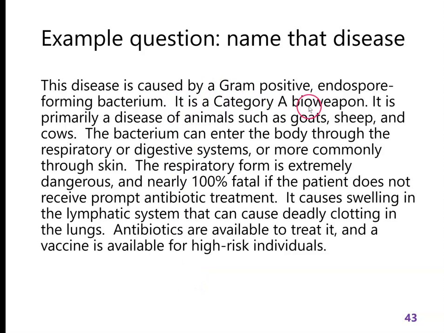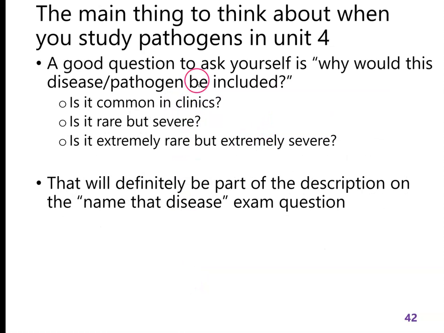This first thing, this category A bioweapon, well, that is why this disease or pathogen would be included. That's a really critical thing to know about each one. Just think through, why is it so important that we're learning it? Because as you're learning 60 different diseases, I'm also showing you the lists of what I have deleted from when I've taught this at other colleges where I've taught them all the diseases.